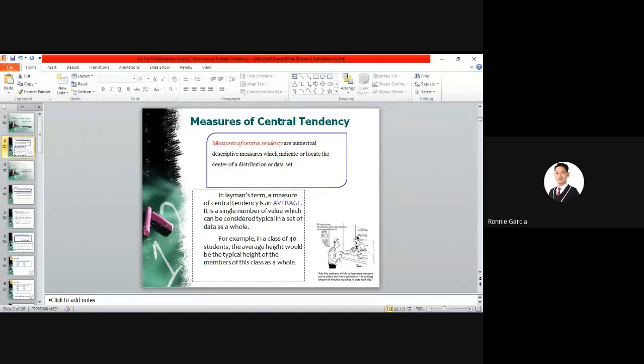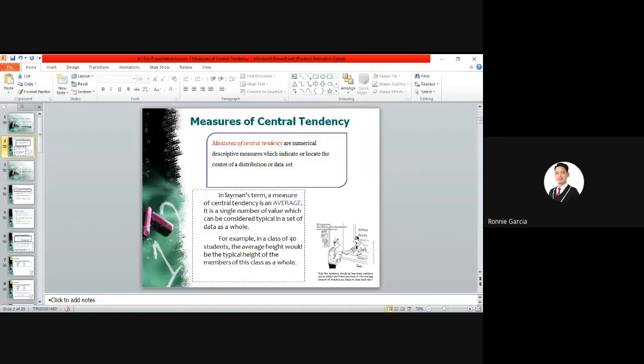Measures, so daghan sila, we have mean, median, and mode. These are numerical descriptive measures which indicate or locate the center of a distribution or data set as mentioned a while ago. So for example, in a class of 40 students, you can get 40 different answers.